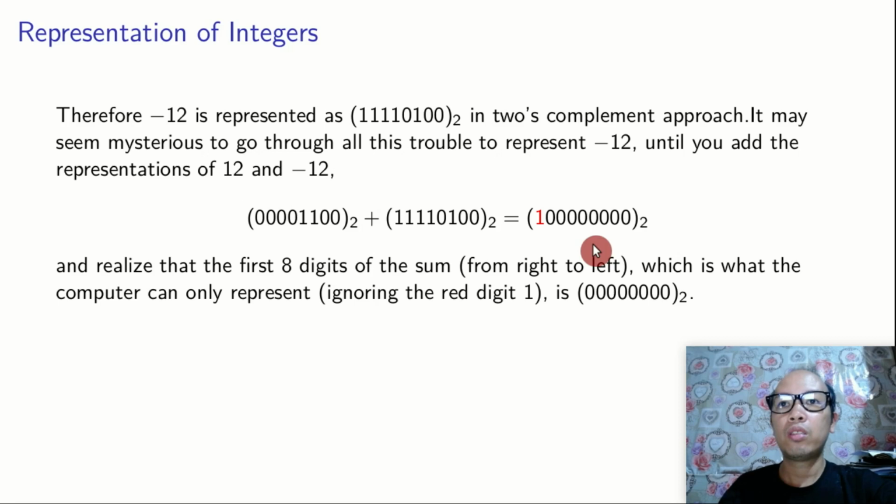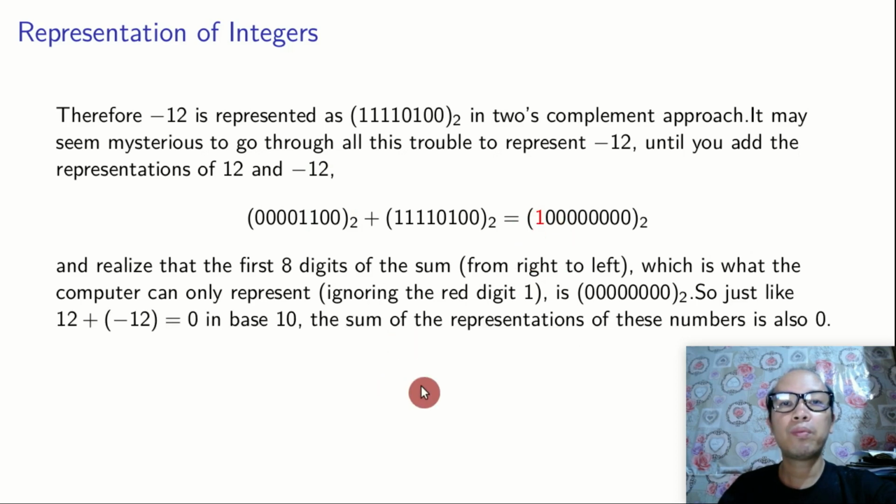So the first 8 bits, which is all zeros, of course this is correct because 12 plus negative 12 is 0. So we have to ignore this red bit here.